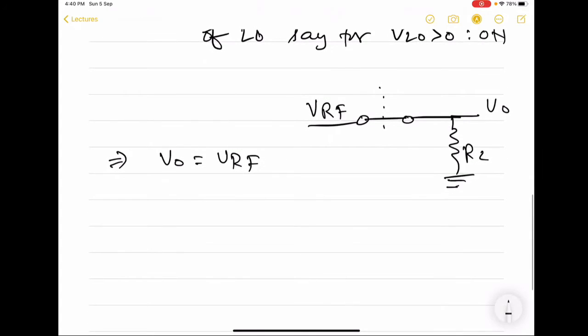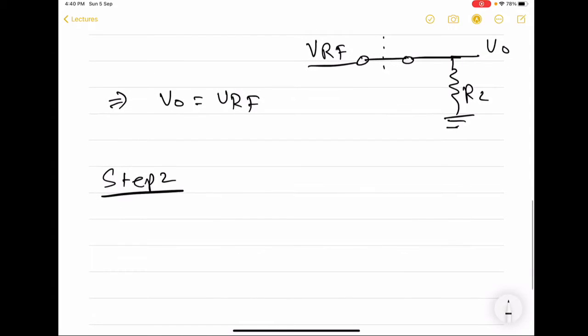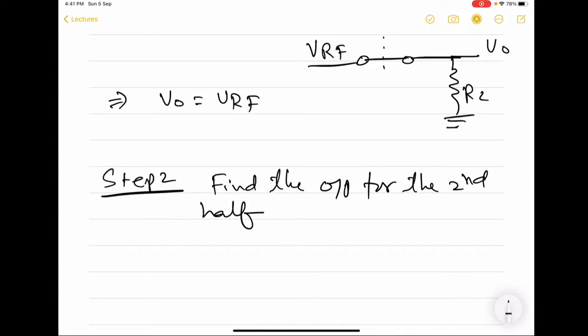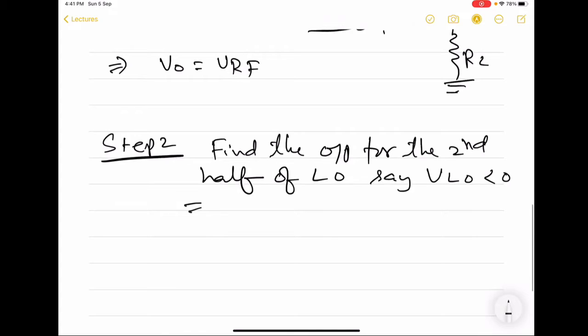Now we consider the second half of LO. So let us say that now it is going to be less than 0. So this implies an off switch.